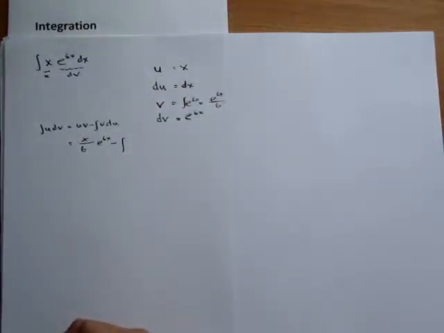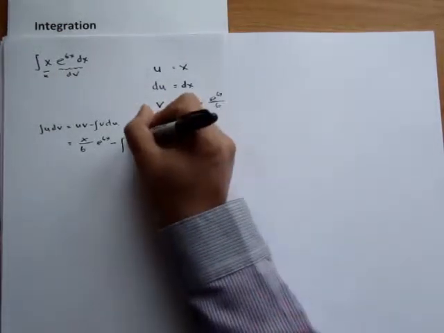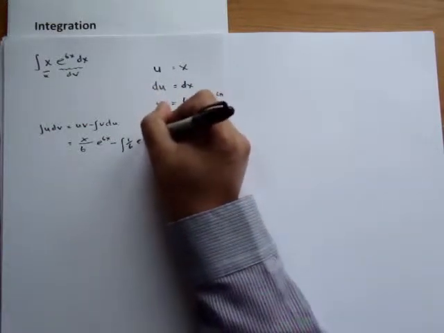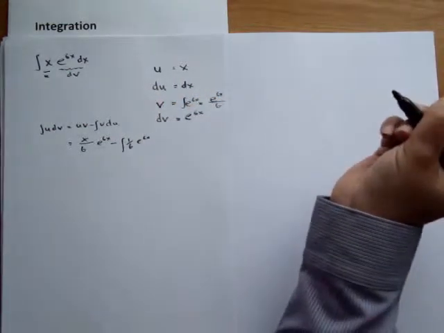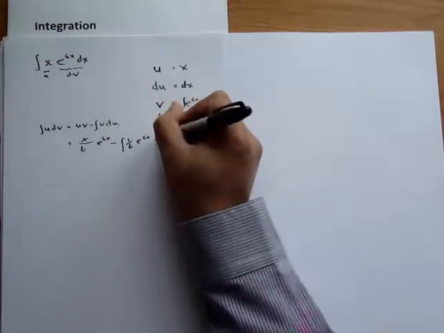So our v was again 1/6 e to the 6x, and then our du was dx.